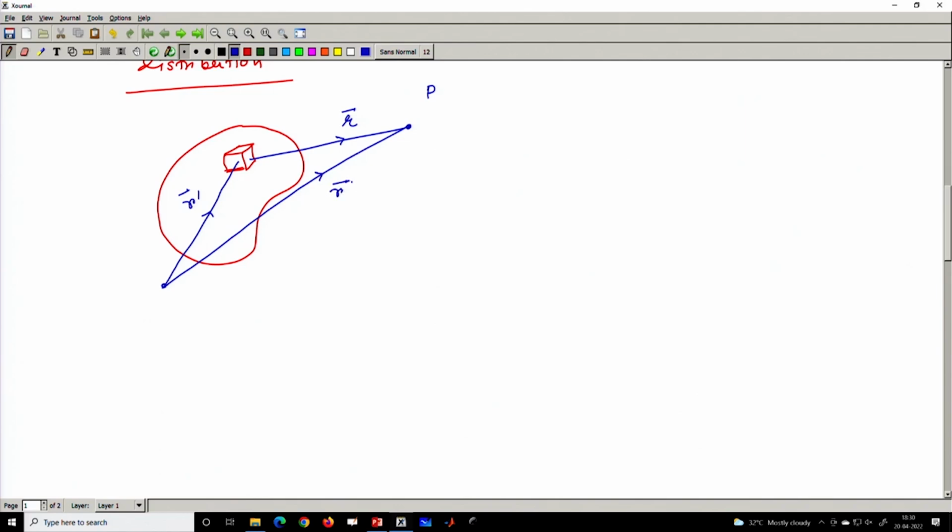This is a well known problem. Suppose this angle is theta prime. This problem is well known because we already know the potential for this charge distribution at point P, and that is nothing but 1 by 4 pi epsilon 0 integration of the charge density rho of r prime dv prime divided by the distance from here to here, which is curly r.